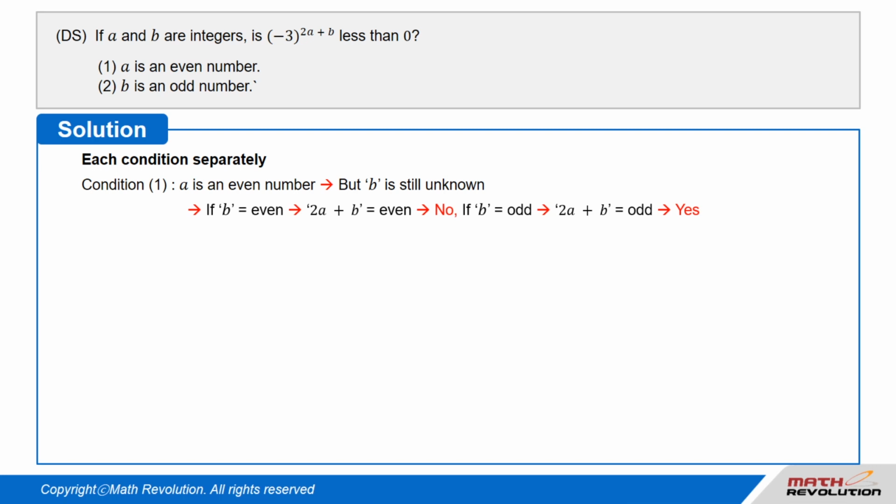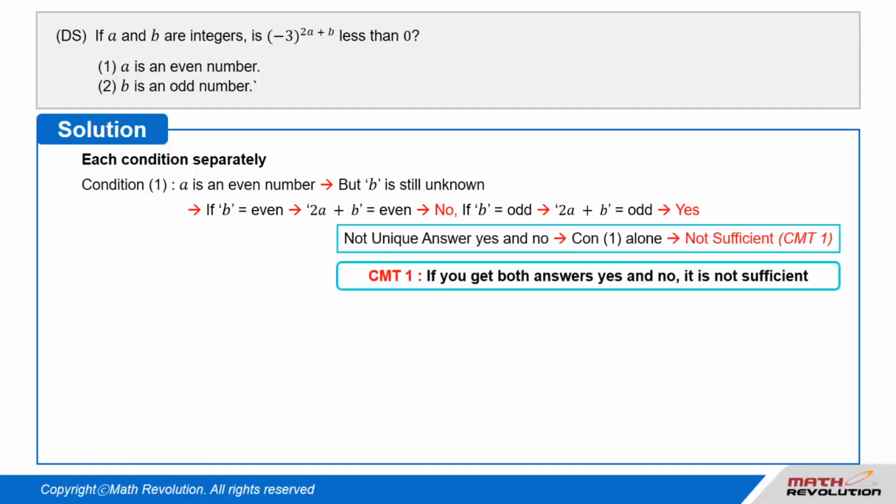If b is even, 2a plus b is even, and the answer is no. However, if b is odd, 2a plus b becomes odd, and the answer is yes. So we can have both yes and no as an answer, meaning the condition is not sufficient, according to CMT1, which means that if you get both answers yes and no, it is not sufficient.